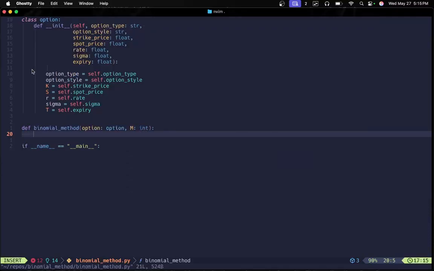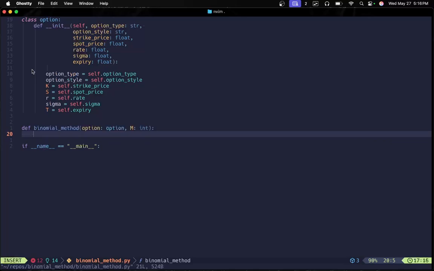And the first part of this method would be converting our continuous time t into a discrete number of time steps, right? To do that, we're going to need delta t.